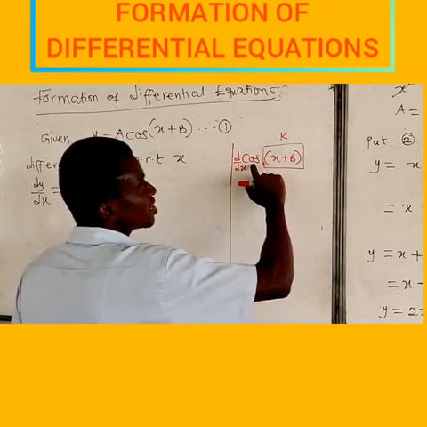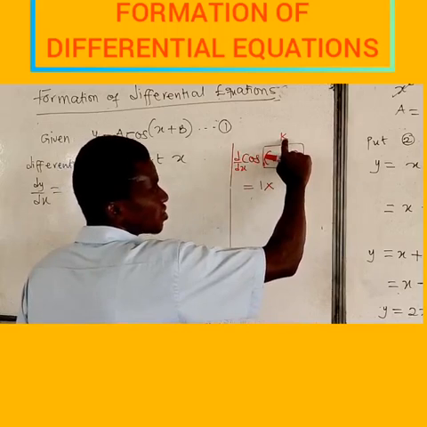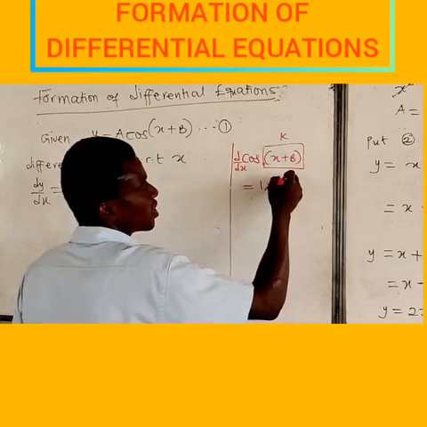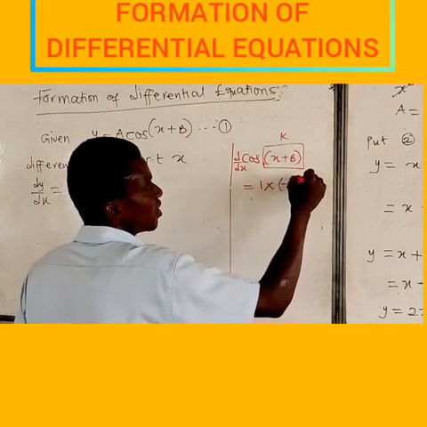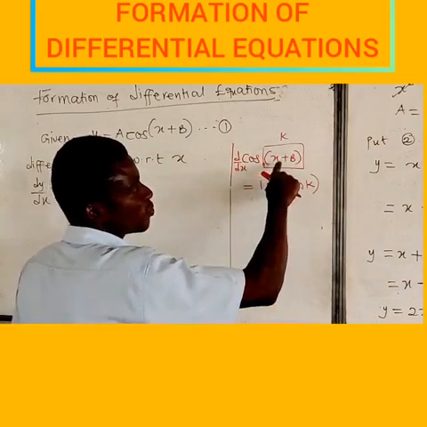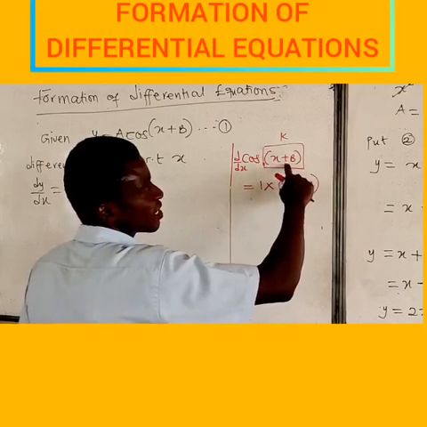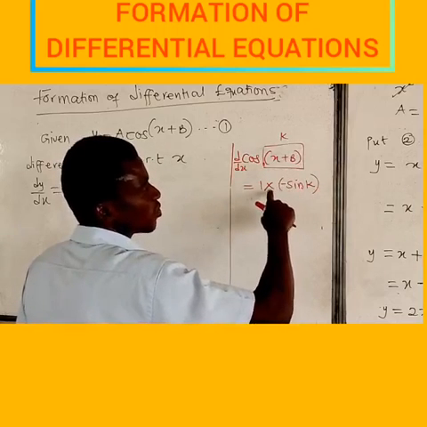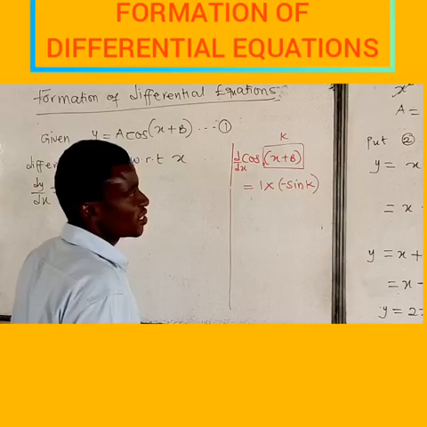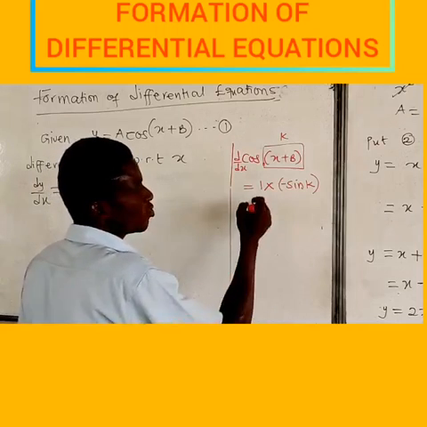So if you differentiate cos k, you are going to get negative sine k. That is, if we replace the x plus b with k, we get negative sine k as our derivative. Then we multiply.